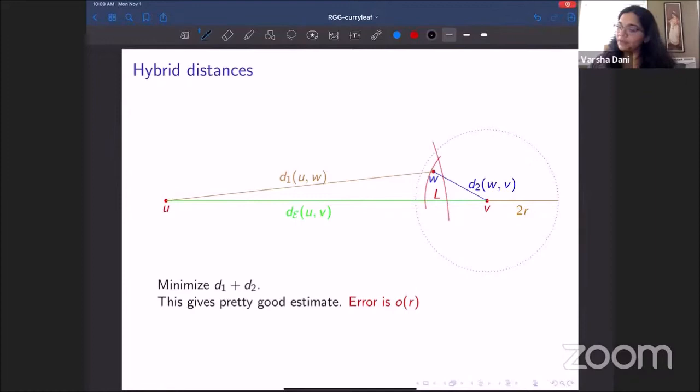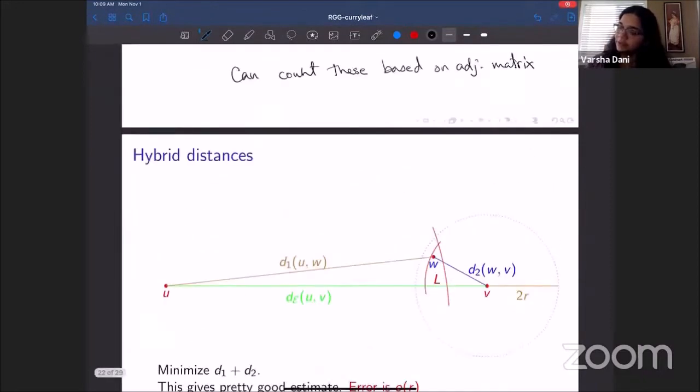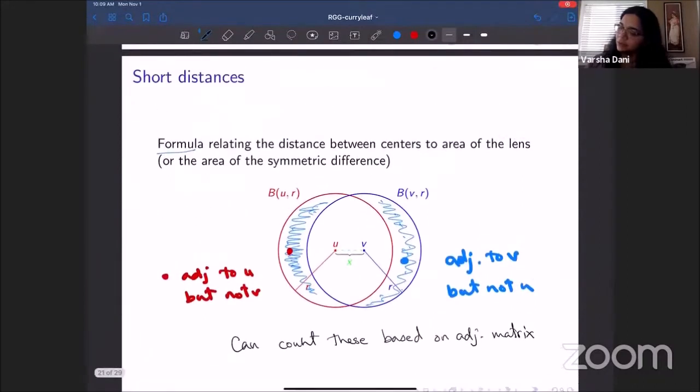The way you deal with that is you look at hybrid distances. So you have two distant points, u and v, and so now you look at all possible neighbors w of v, and you look at the distances of u in the long range to all of those, and you look at the distance of v from w in the short range, namely this approach.